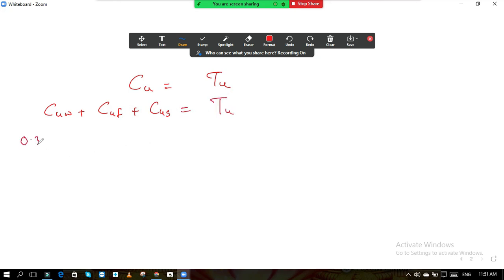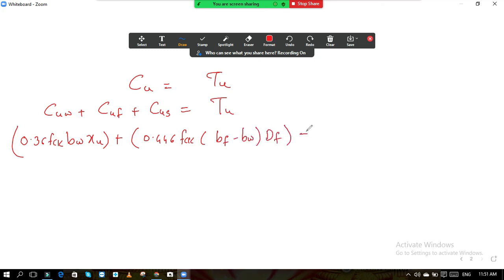In formulas, it is 0.36 FCK BW into XU for CUW, plus 0.446 FCK (BF minus BW) into DF for CUF, plus CUS, which is (FSC minus 0.446 FCK) into ASC. All this is equated to 0.87 FY AST. This is when you equate C equal to T.